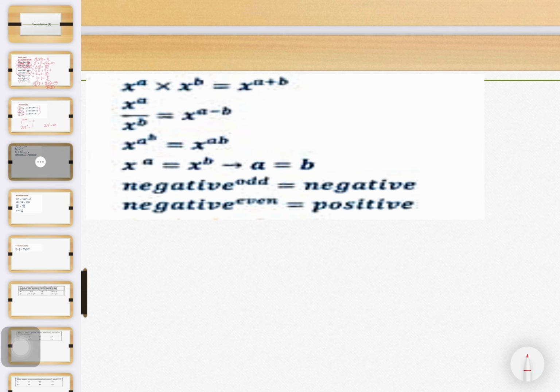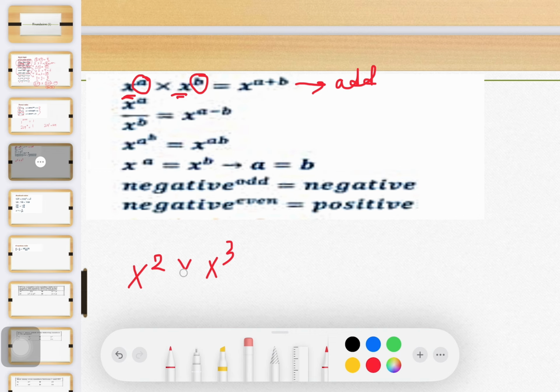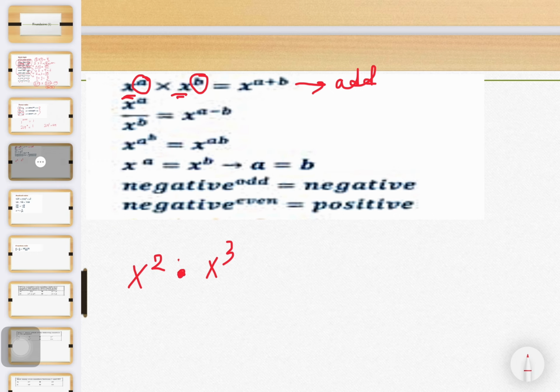The next rules: if we multiply the same number with different powers, in multiplication we add the powers. Like if I have x to the power of 2 times x to the power of 3, I will add the powers, 2 and 3, which is 5.